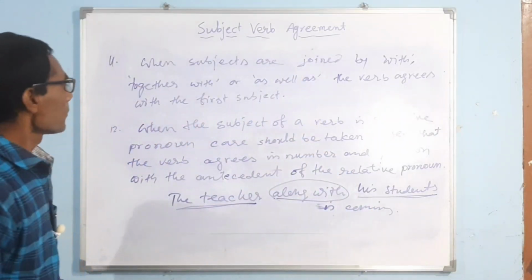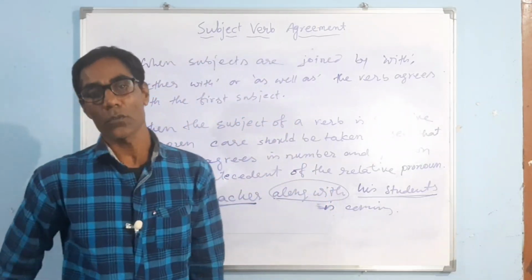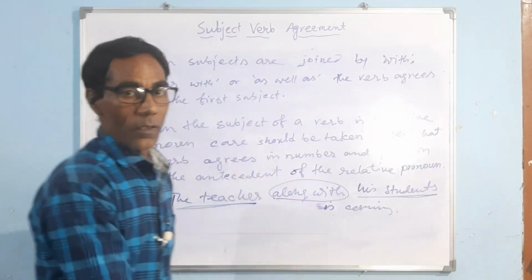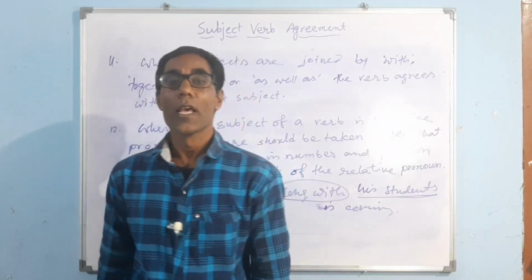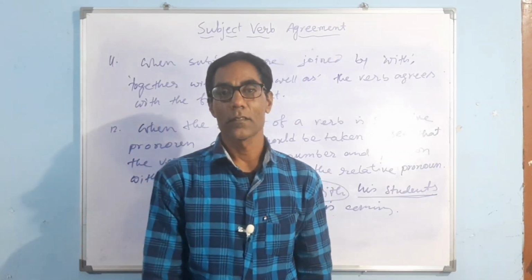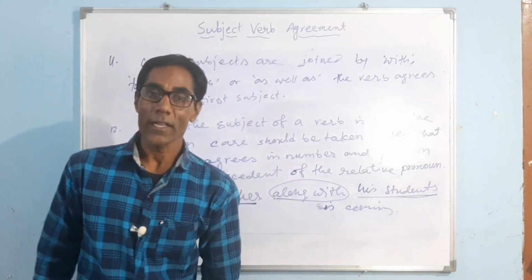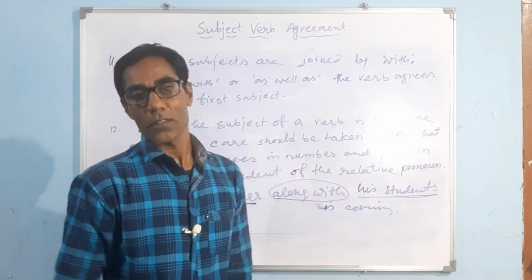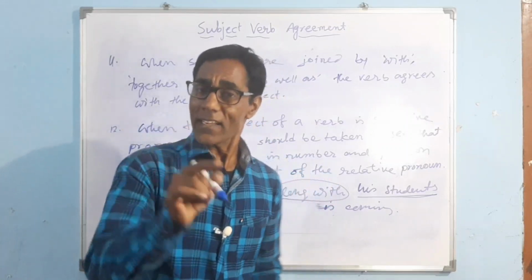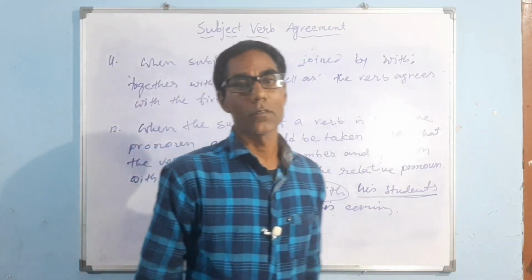Next rule, what? When the subject of a verb is a relative pronoun, care should be taken that the verb agrees with the subject in number and person of the antecedent of the relative pronoun.